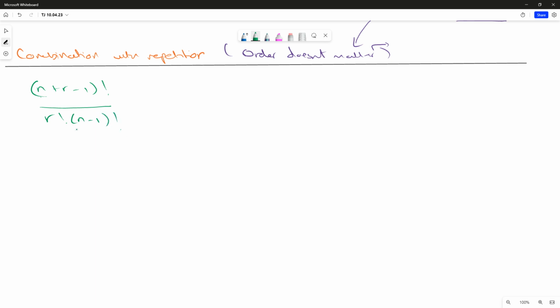So n is the number of things, the total n is the number of things we choose from. And you choose r of them.